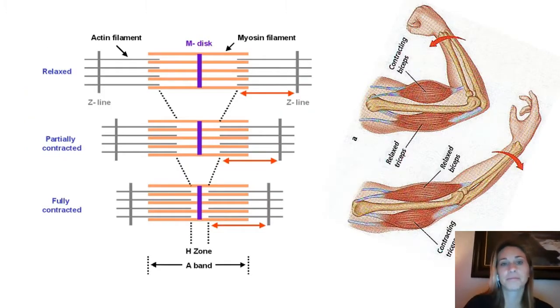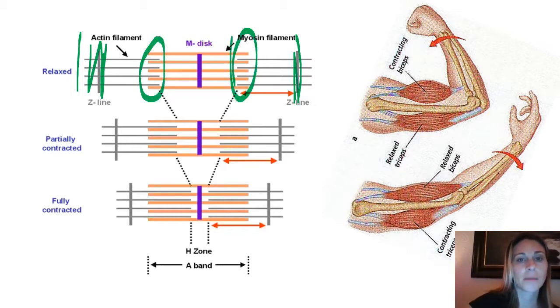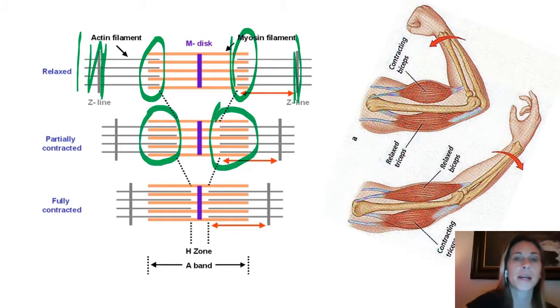Here we are. So this is the relaxed muscle fiber, as you can see here, at its greatest distance and width. There's the least amount of overlap between the actin and myosin. As calcium enters the cell, or well, I should say enters the system of myofibrils, we see there's more and more overlap because all that myosin is grabbing and pulling repeatedly the actin towards it until we reach the final contraction point.